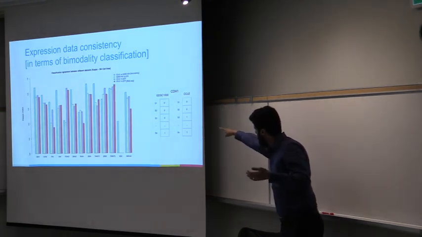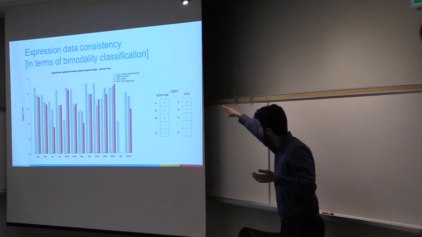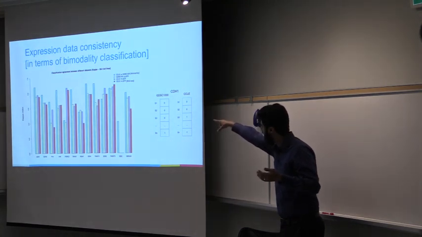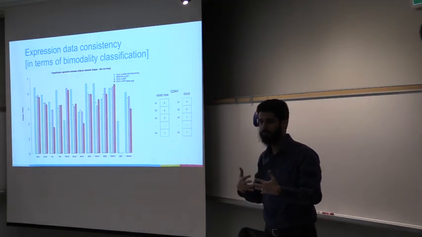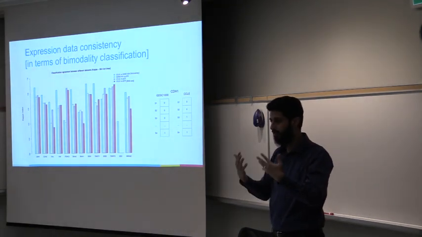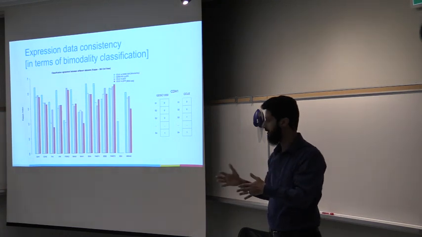We classify all the samples based on the bimodality of CDH1 to be expressed or not, and we do the same thing in GDSC1000 and try to find the agreement between the two classifications.